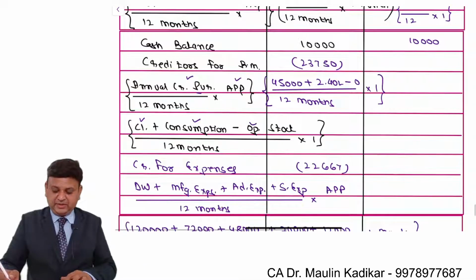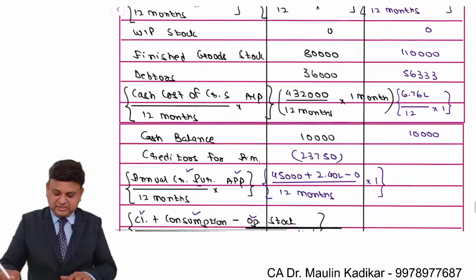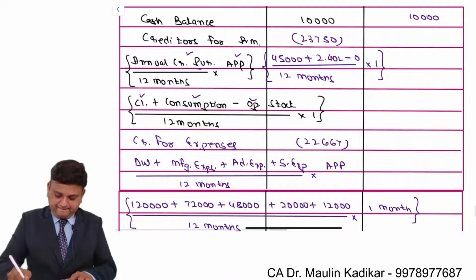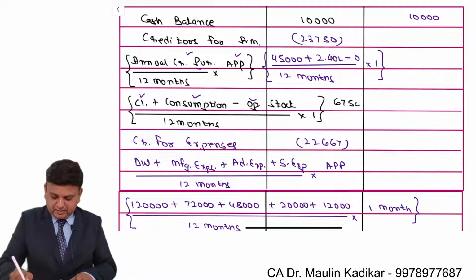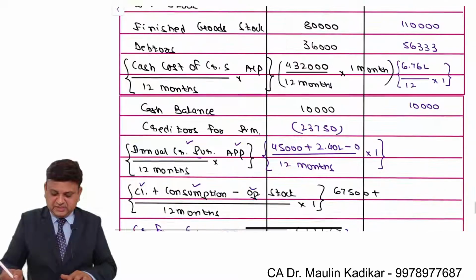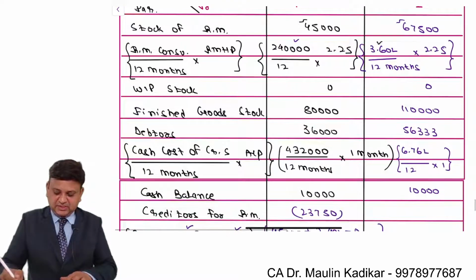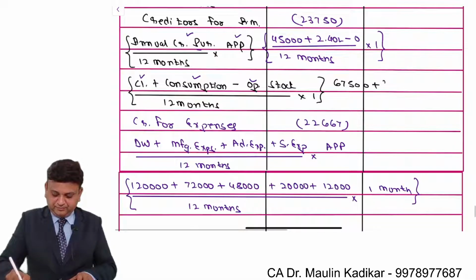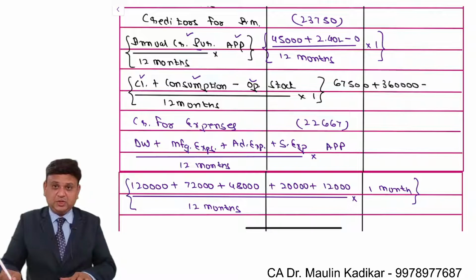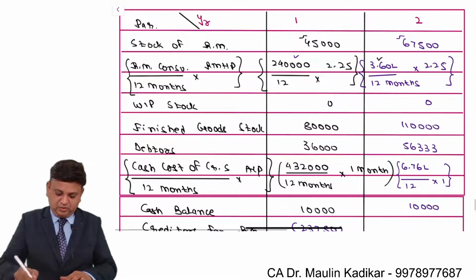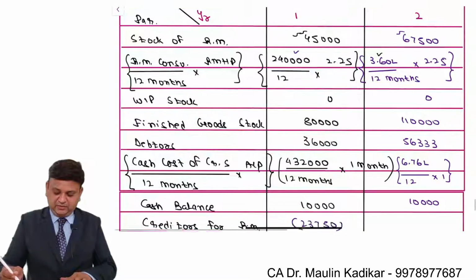Creditors for supply of raw material: the closing stock is 67,500, plus consumption of 3,60,000 for the second year, minus the opening stock of the second year, which is equal to the closing stock of year 1, 45,000.